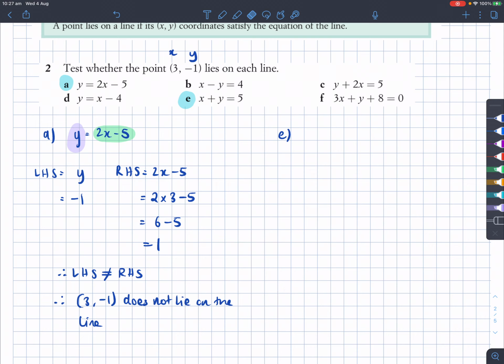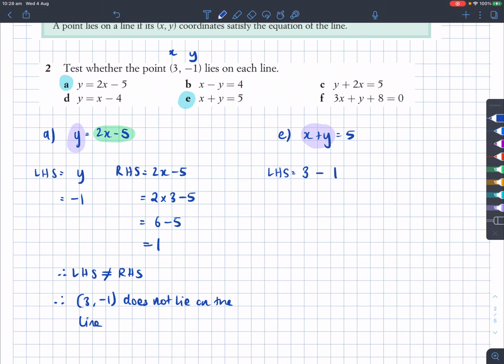All right. E says x plus y equals 5. What's different about this equation is x and y are now on the left side, whereas on the right side, I've only got a number there. So the only time I have to substitute something is when I deal with the left-hand side, because my variables are there. So we're starting with the left-hand side, and x and y are 3 and -1. If we do 3 plus -1, the negative would override the positive.